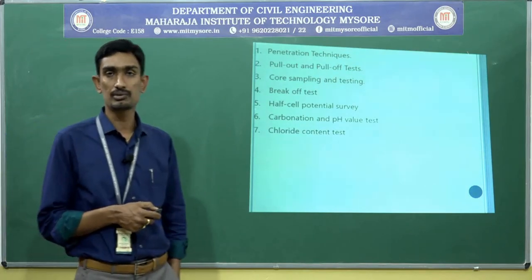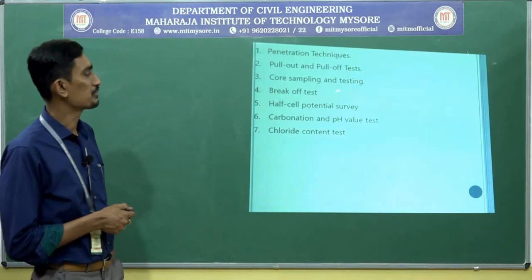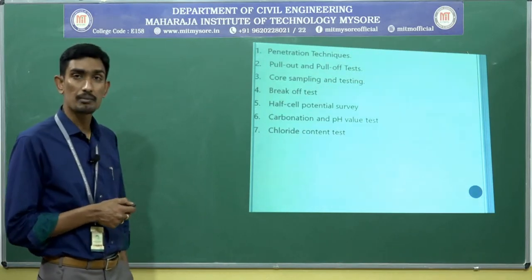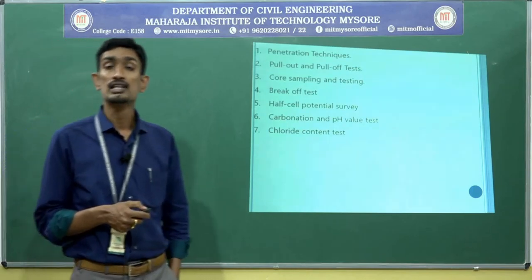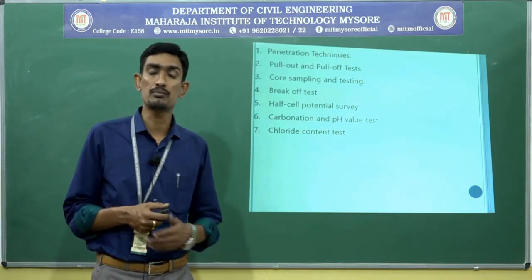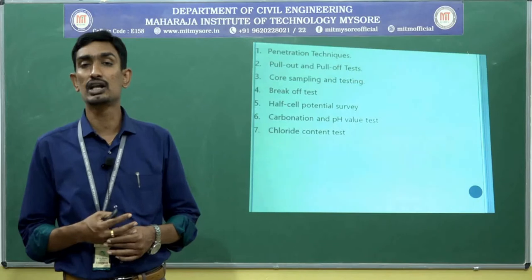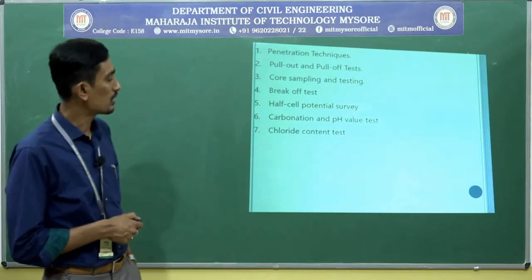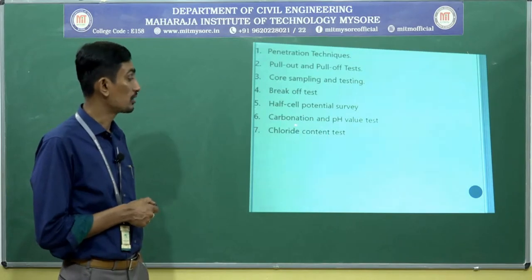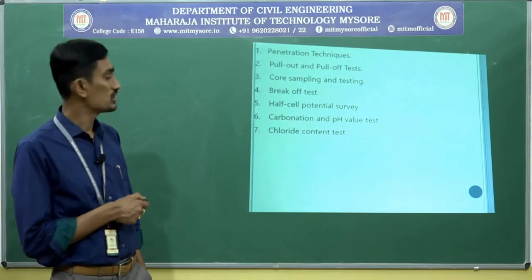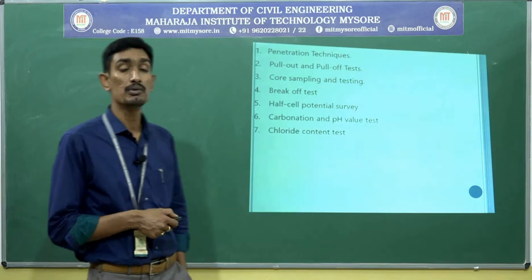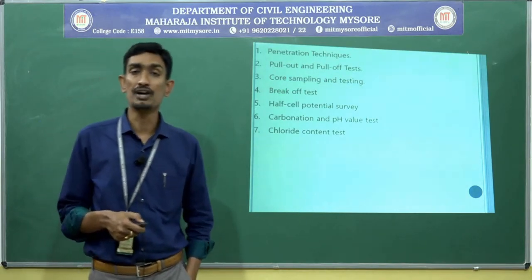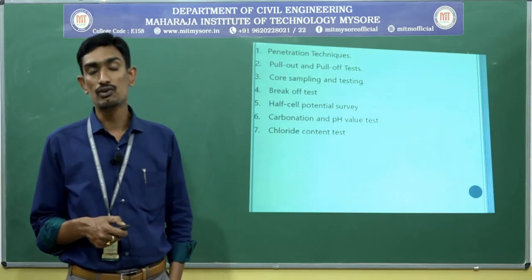Among these, I am going to discuss the widely used ones. As per Indian specification, core sampling and testing is the predominantly used semi-destructive testing system to assess the strength and quality of a concrete structure. Another is the carbonation and pH value test, also predominantly performed to assess the quality of reinforced concrete.